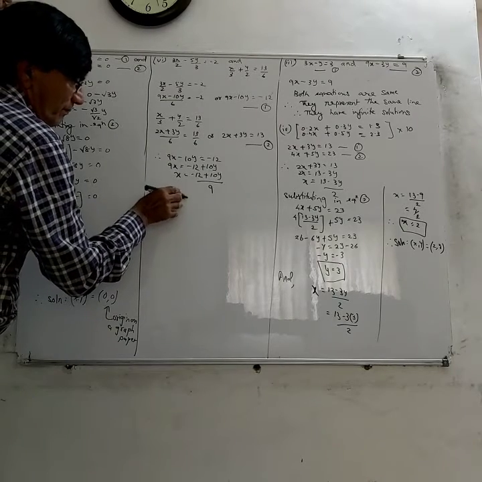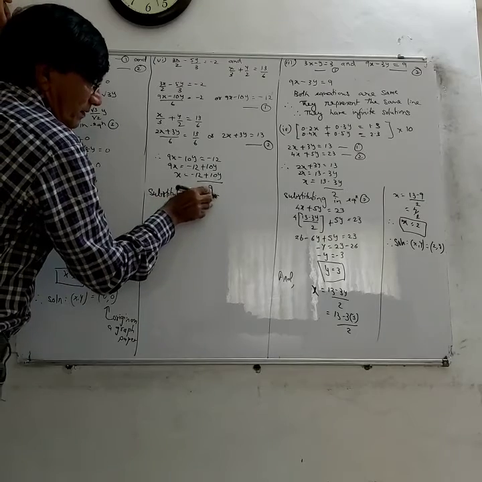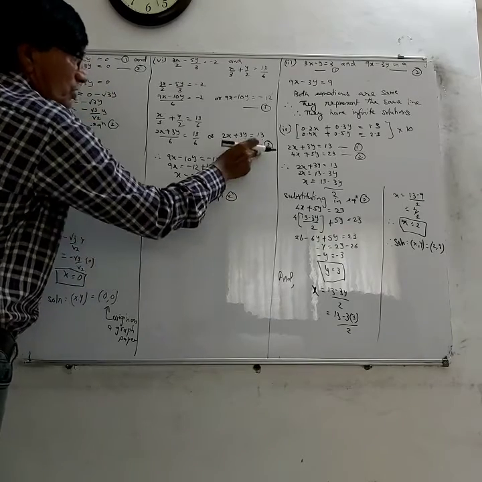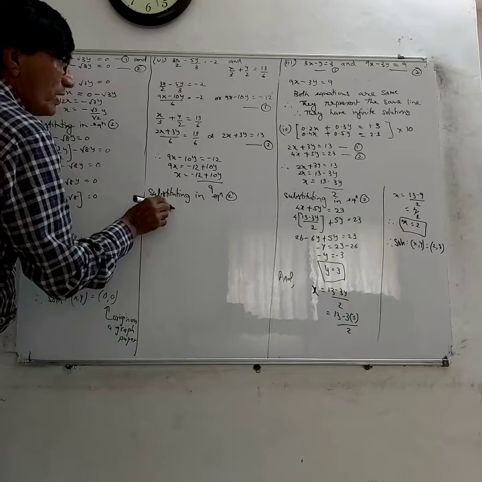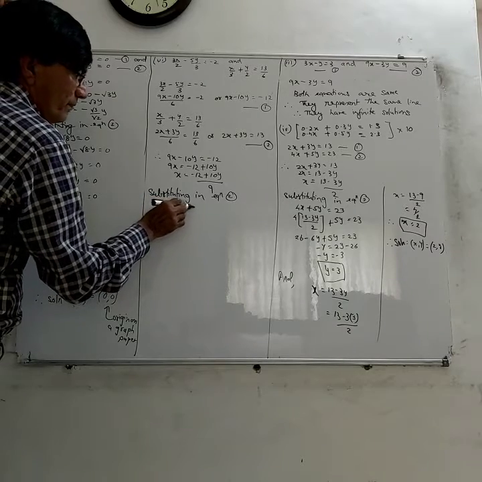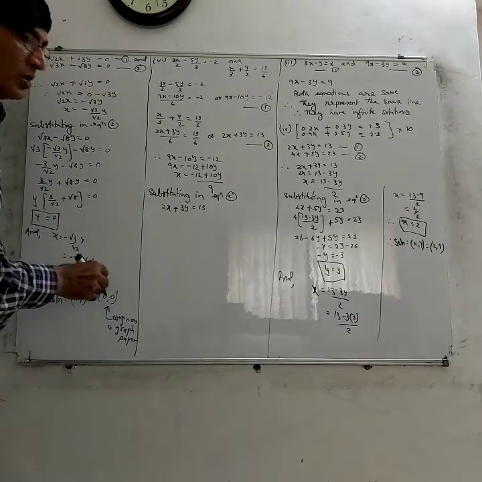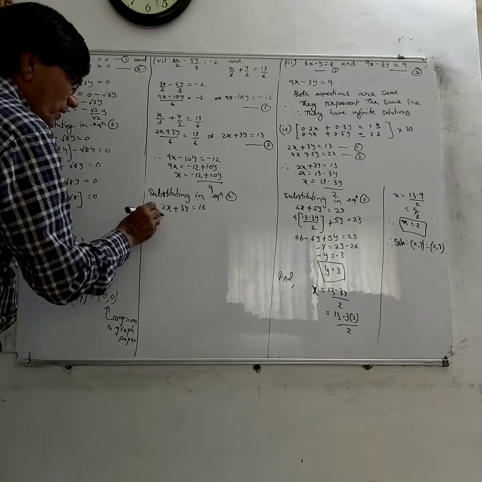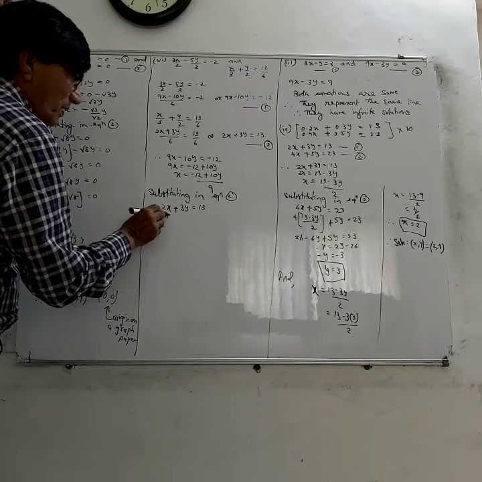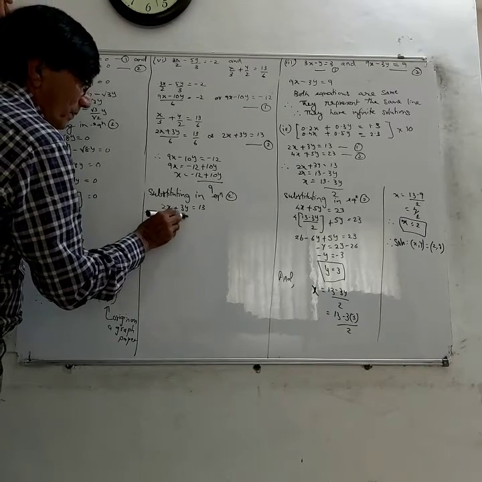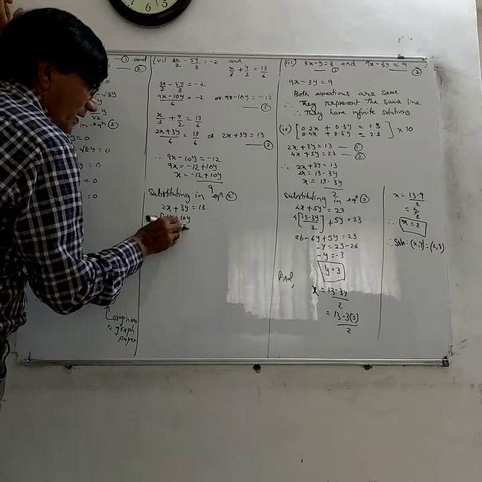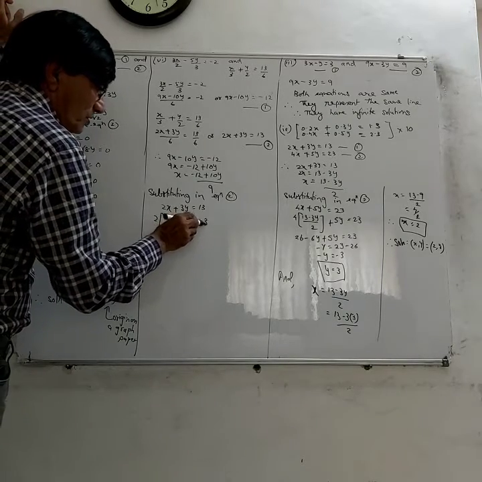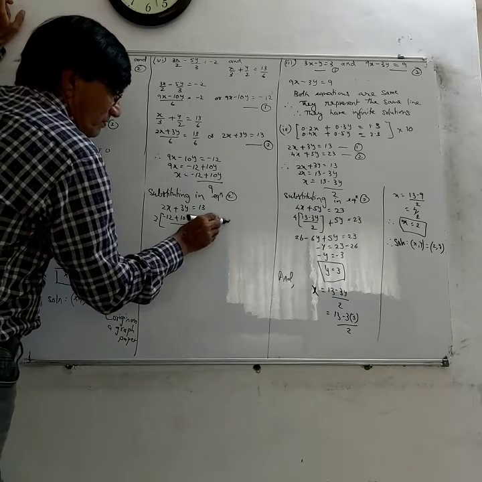Substituting in equation 2, 2x plus 3y is equal to 13. So 2 into x, x is minus 12 plus 10y upon 9, plus 3y is equal to 13.